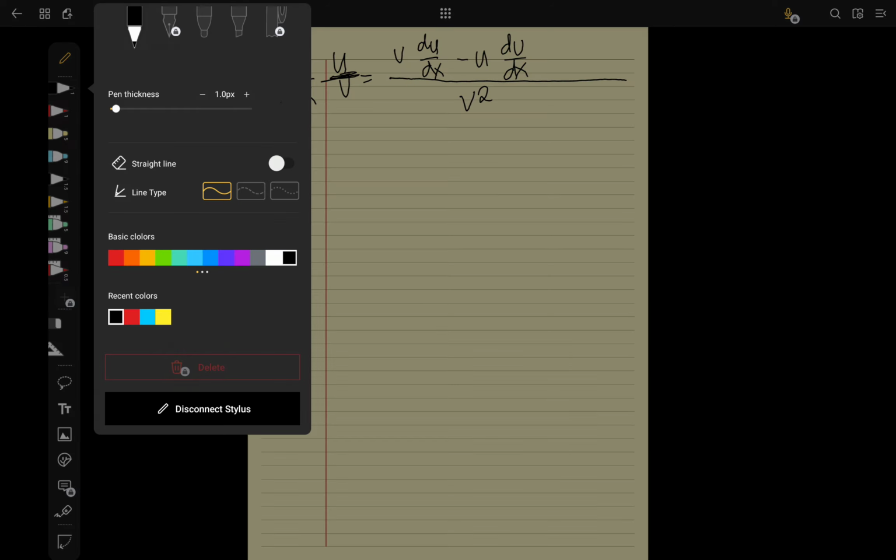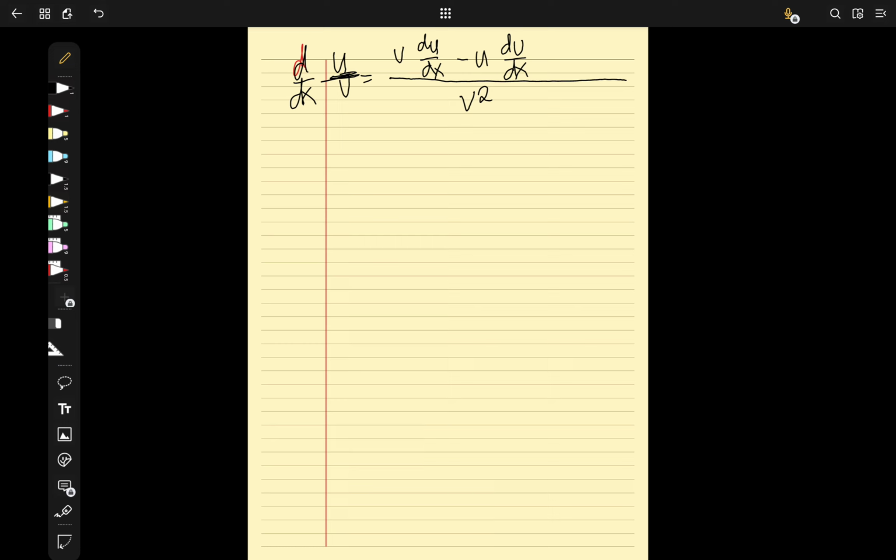So, halimbawa, a derivative of 1 over x. So, may fraction dyan, may division. So, napakalaki ng chance na pwedeng i-apply si formula u over v. So, if that's the case, pirasuhin natin siya.